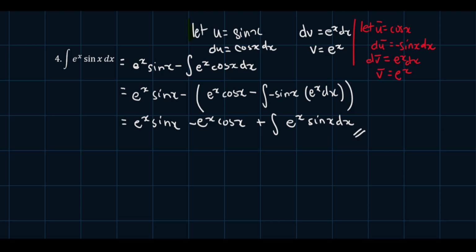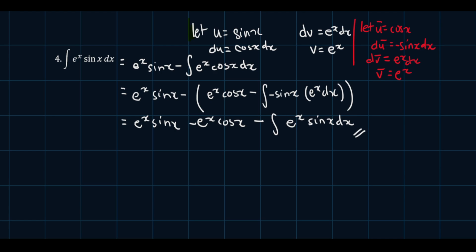So dito, gagamit tayo ng concept ng algebra that we treat these two as like terms, pero may error pala ako. So this one, notice na minus minus, so magiging plus siya. However, may negative sign pa ulit sa labas. So this should be minus integral ng e raised to x sine x dx.